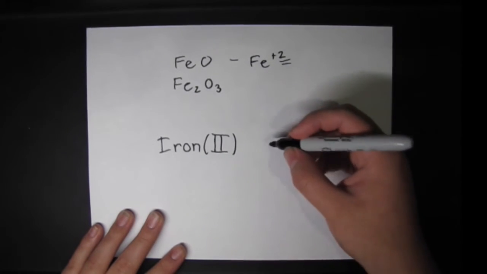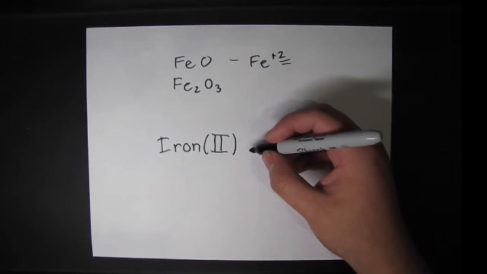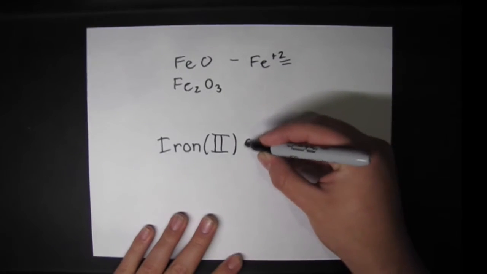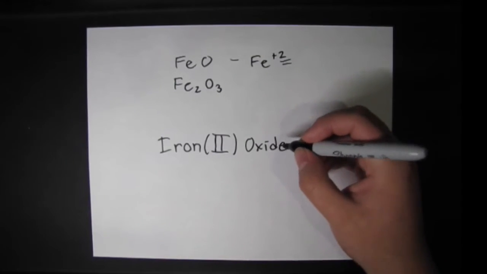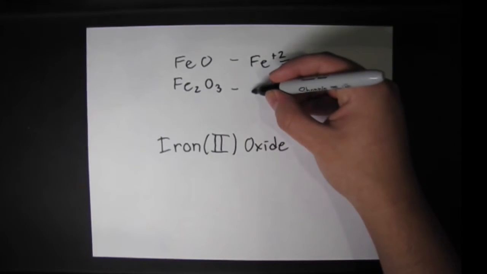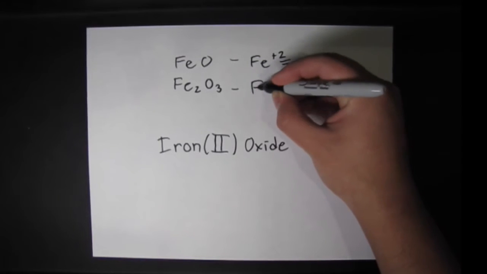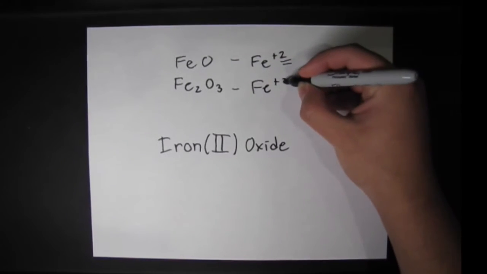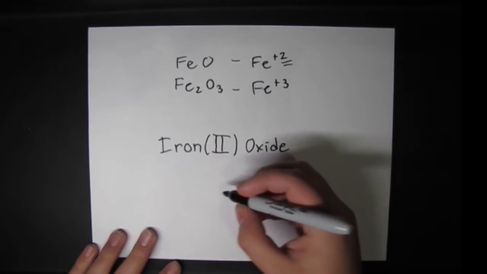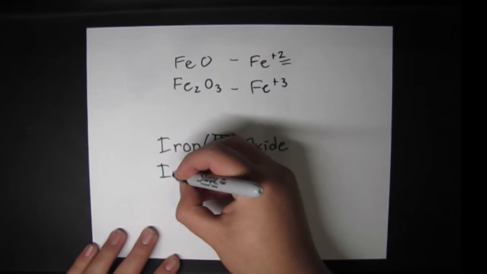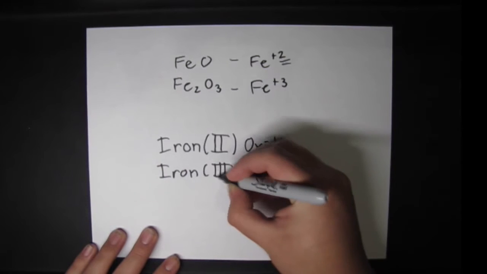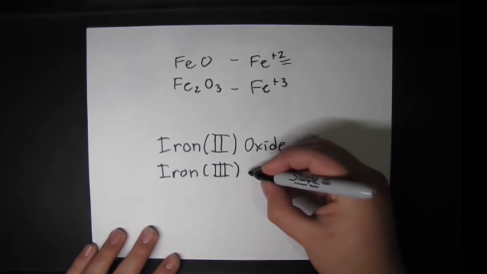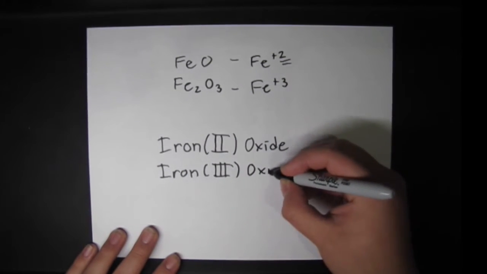And then to finish it off like the simple ionic compounds, we're just going to end it off with oxide. And then if we're going to be using this one, since this type of iron has a charge of +3, we are now going to write it out as iron 3 instead of 2. And then it's just going to end the same way with oxide as well.